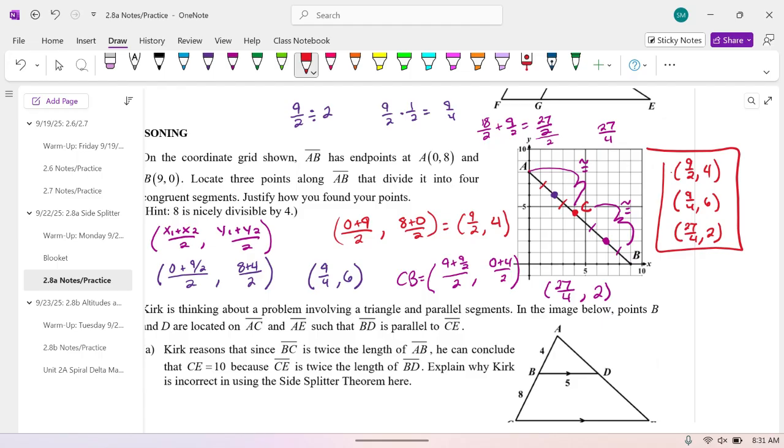So these segments are now 2. Now, if I cut that in half again, how long is each of these? So if I cut this segment in half, how long is each of these 2 segments? 1. What about these 2? 1. Isn't that exactly what we did over here?